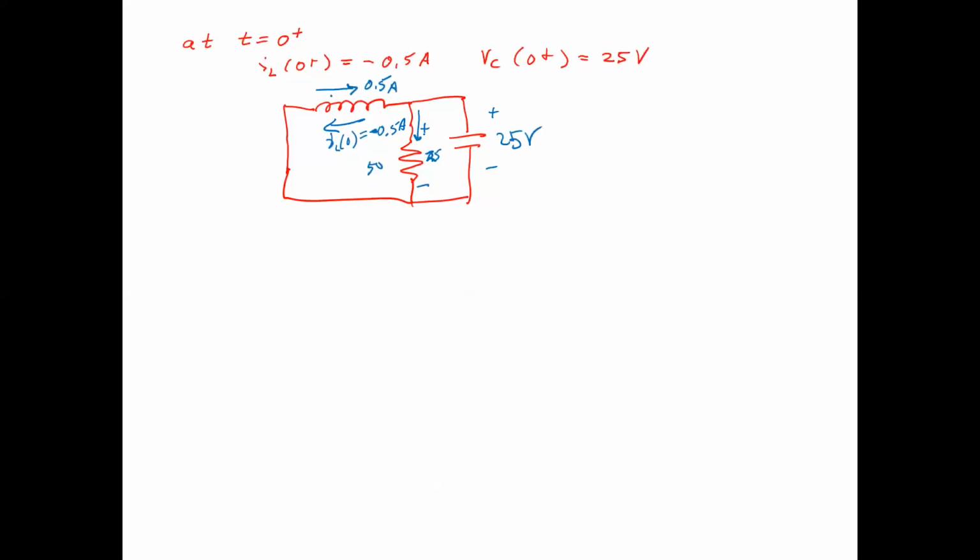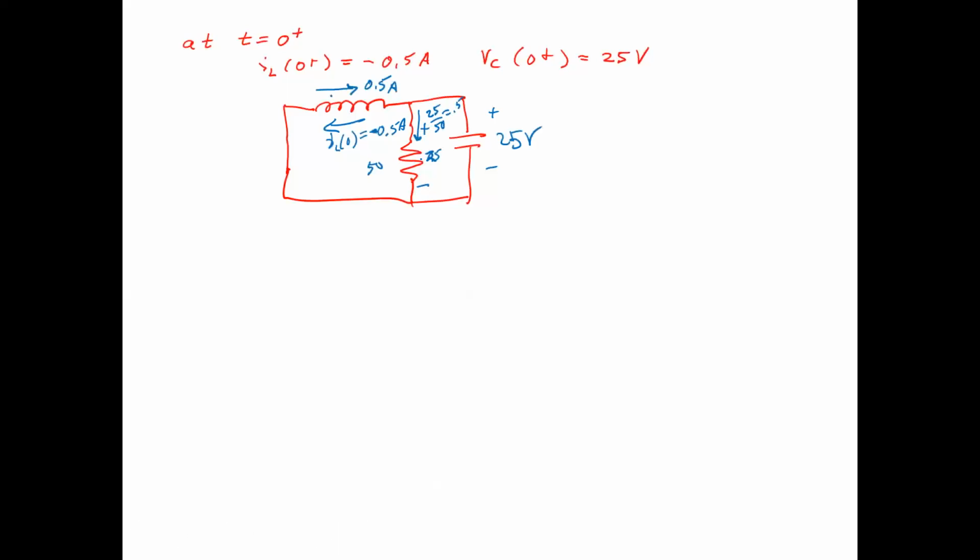You've got 0.5 amps going to the right through that inductor, and that resistor, which has the capacitor across it, has 25 volts because the capacitor is at 25 volts. How much of that 0.5 amps is going through the resistor? All of it, says Alex. Yes, because the resistor has 25 volts across it and it's a 50 ohm resistor, so that equals 0.5.